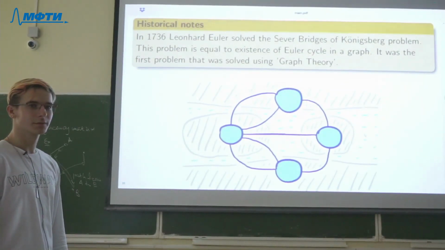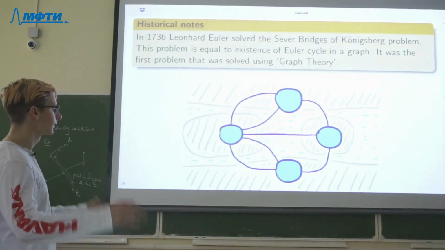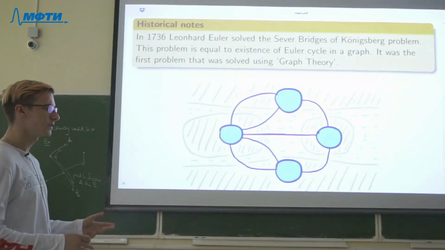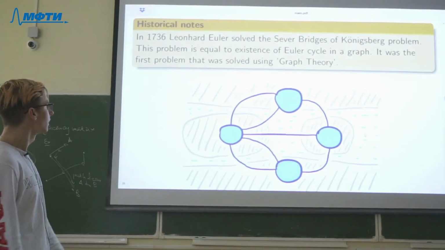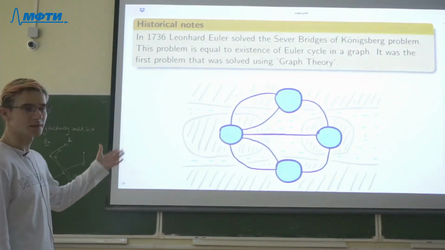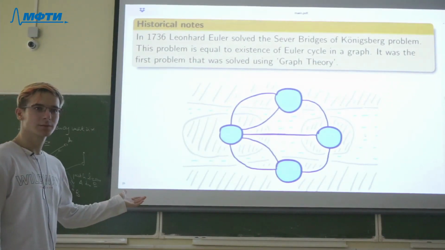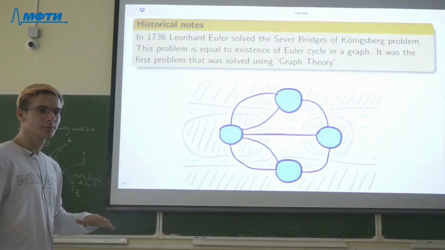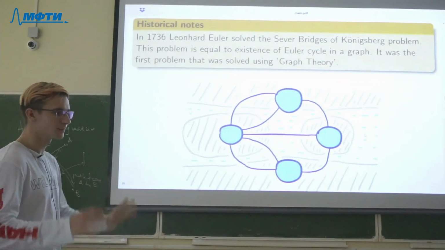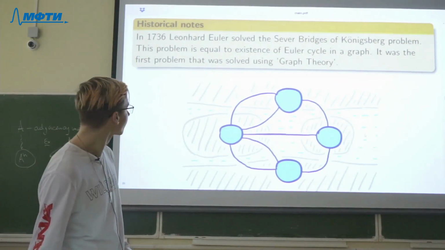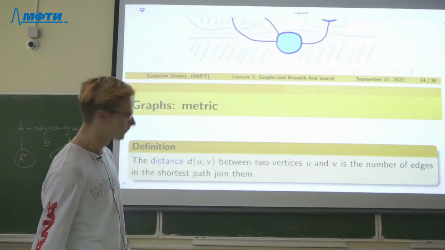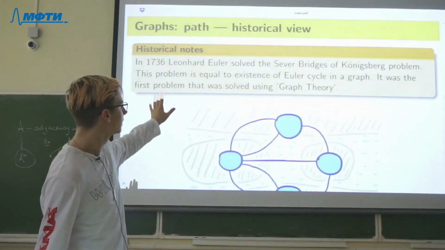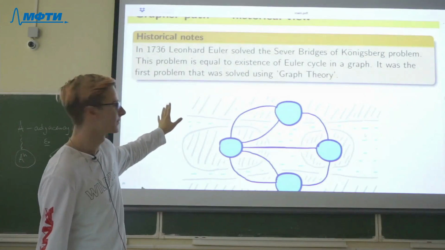Of course now we have a lot of different characteristics and algorithms connected with paths and cycles. We will talk about the different cycles, paths, and algorithms connected with them. So it's only a historic view on the problem.